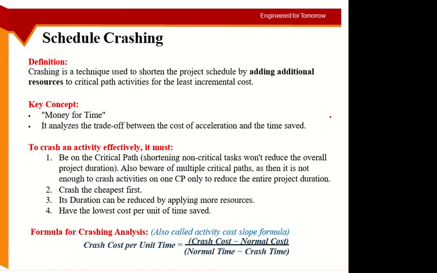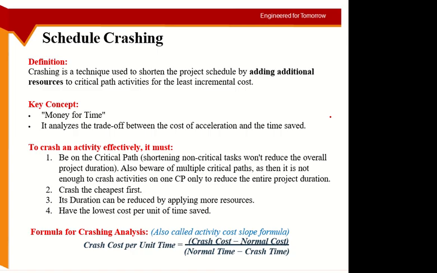So if 5 people can do a job in 1 week, in schedule crashing you may hire 7-8 people to do the same job in 3 days instead of 1 week. So this is called schedule crashing. Obviously when you hire more resources you have to pay extra to them.